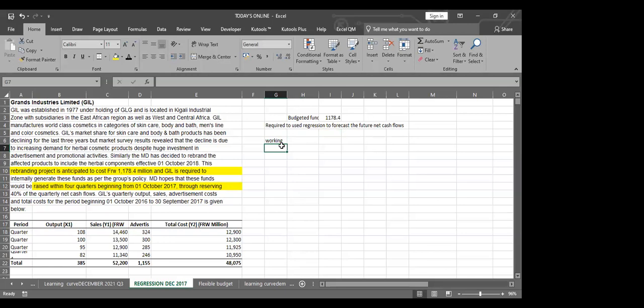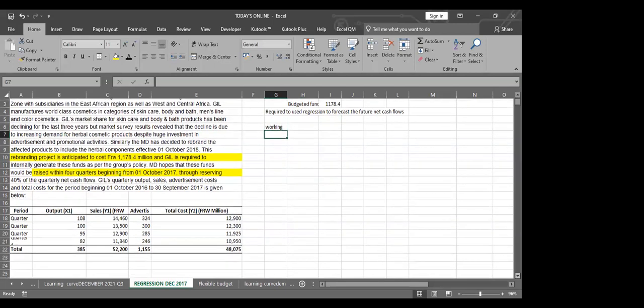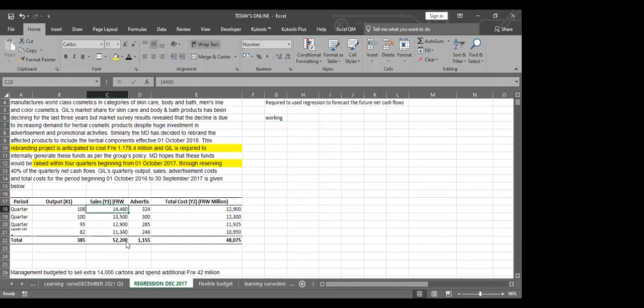I want to separate and find what is variable cost and what is fixed cost in this concept here, because I'm given total cost here. I need to split it and find what is my variable cost and what is my fixed cost.